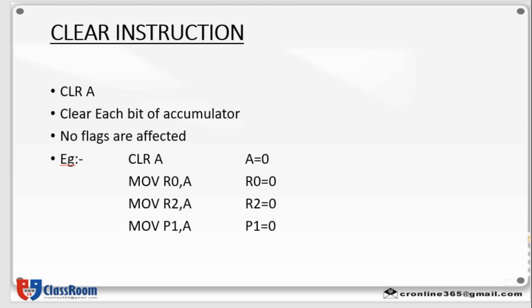MOV R2, A. The accumulator is already cleared, so that value is again transferred to R2, so the R2 register is also cleared. Then MOV P1, A. The accumulator is already cleared, so that value is transferred to the P1 port, so the P1 port value also becomes 0.